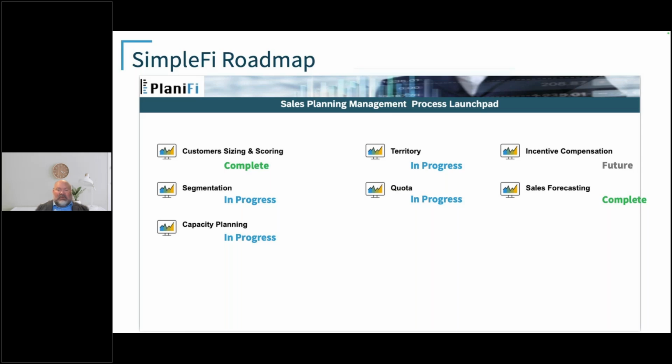Incentive compensation will be a future build out. And we do have a sales forecasting model already. So we have a lot of great content that if you're interested in, reach out. Be happy to set up a session and take you through all these. And look forward to being able to release the next 4, hopefully in the next quarter or so, or less.